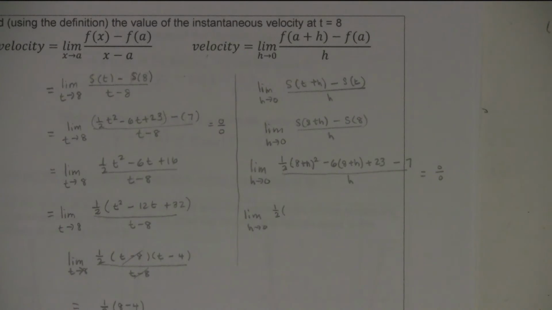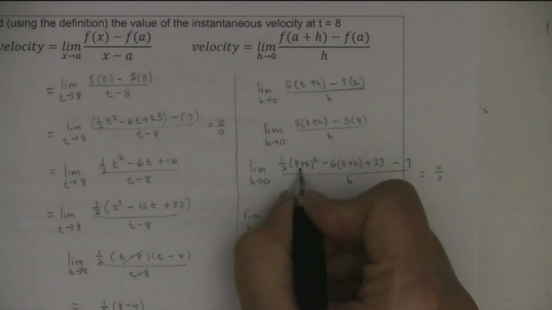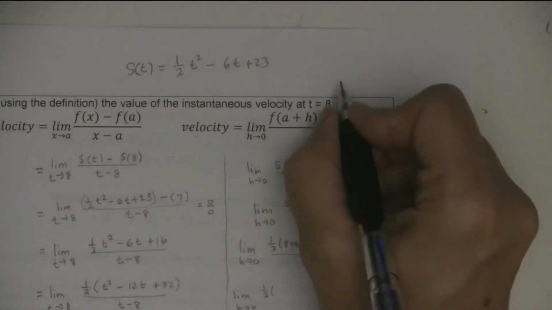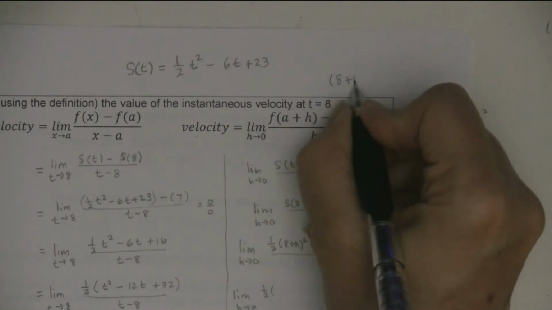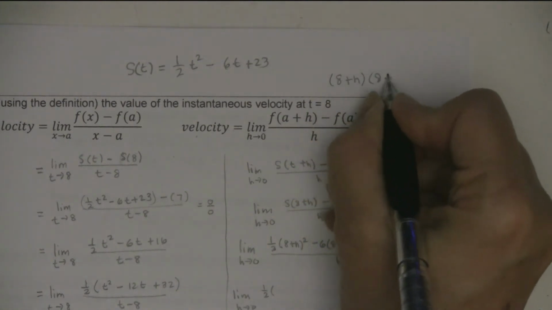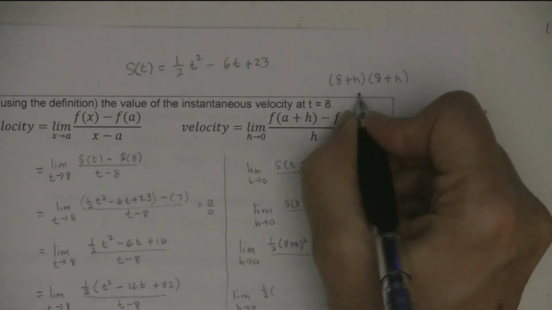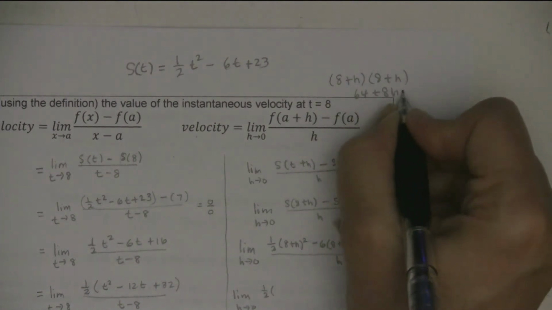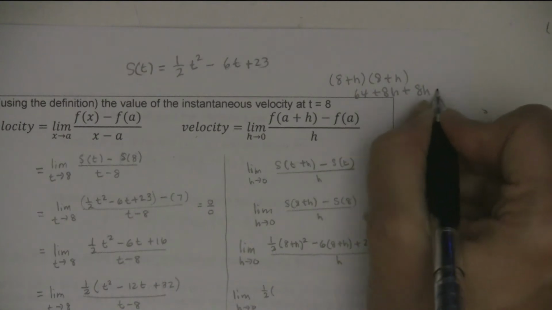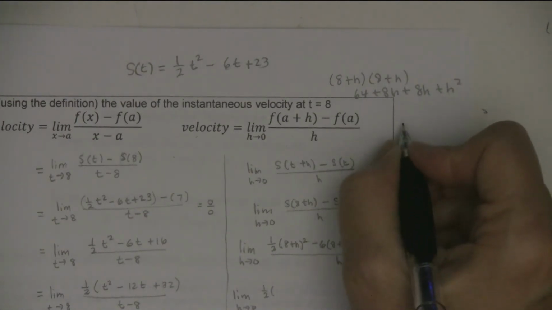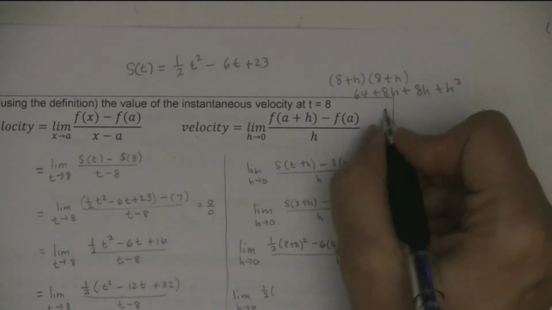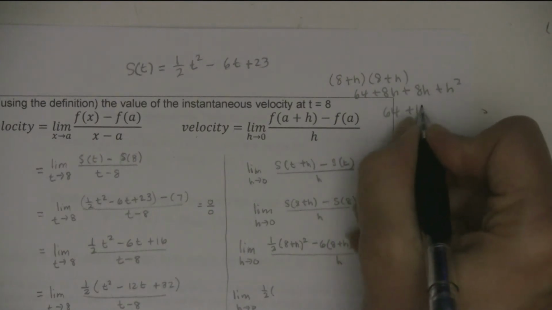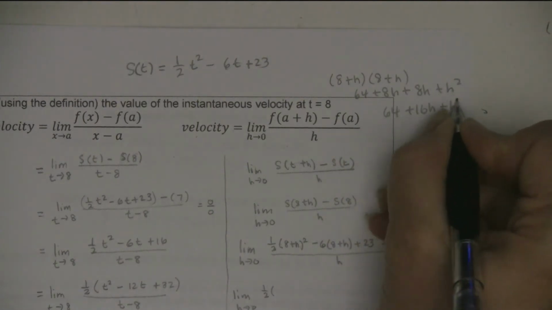Okay, so if I FOIL this out, you can come up here and write it twice to FOIL it, if you like. So 8 times 8 is 64, plus 8h, plus 8h, plus h squared. So this thing is 64 plus 16h plus h squared.